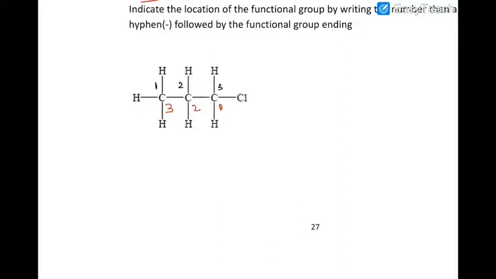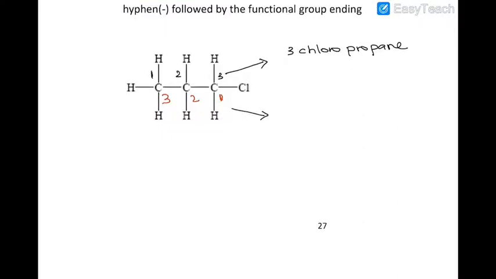If we count like this, we'll end up with 3-chloropropane. If we count the other way, we'll end up with 1-chloropropane. They are basically the same compound, but when we are naming, we need to have the lowest number possible associated with the functional group. So this one is going to be wrong.